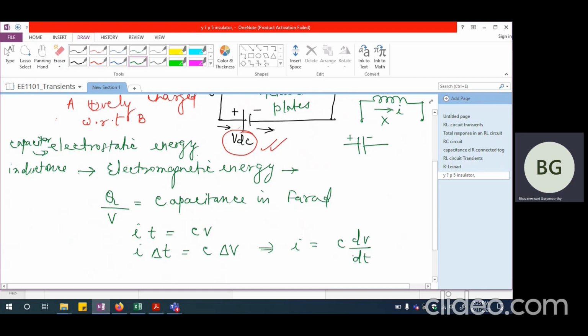So this is the expression corresponding to capacitor current when I relate it with the voltage.